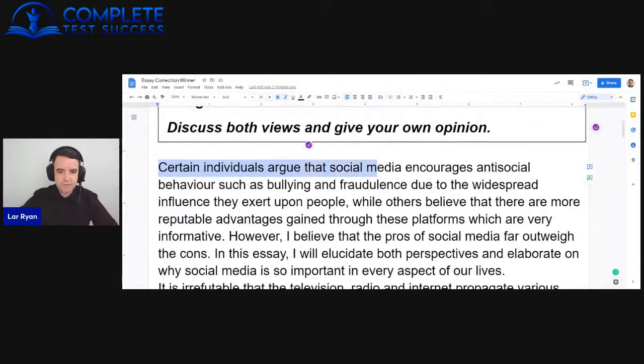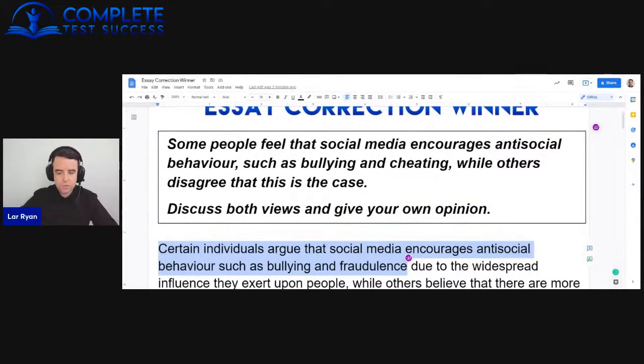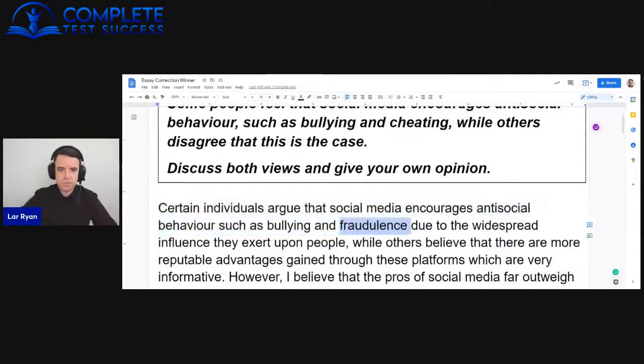Certain individuals argue that social media encourages antisocial behavior such as bullying and fraudulence. No, cheating and fraudulence aren't the same thing. Due to the widespread influence they exert upon people, while others believe that there are more reputable advantages gained through these platforms, which are very informative.